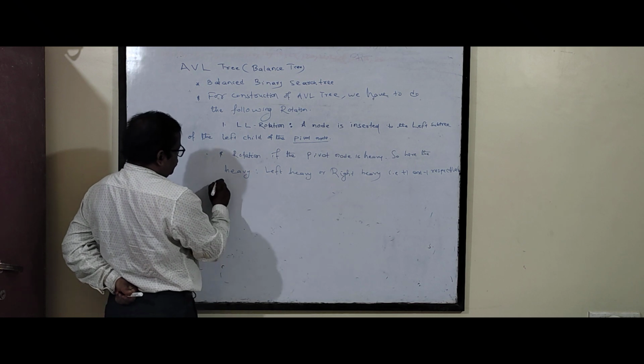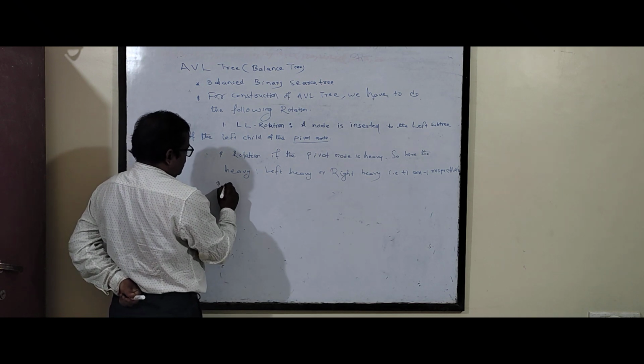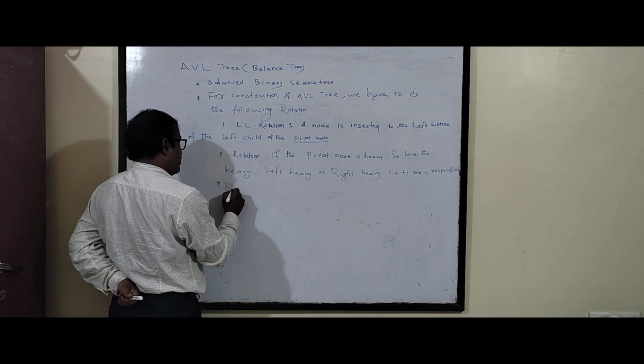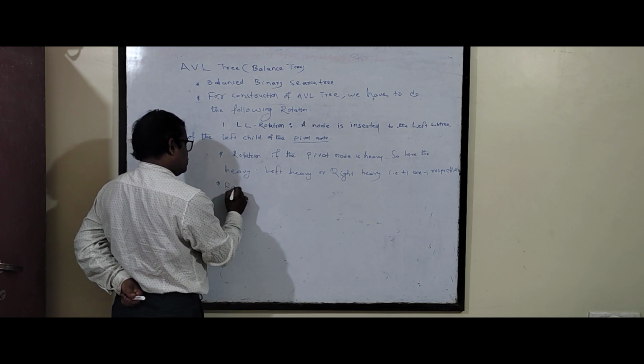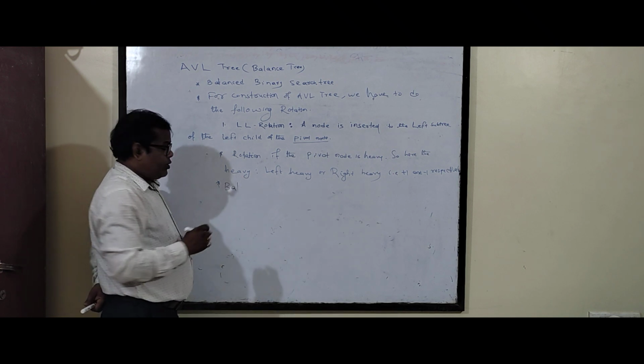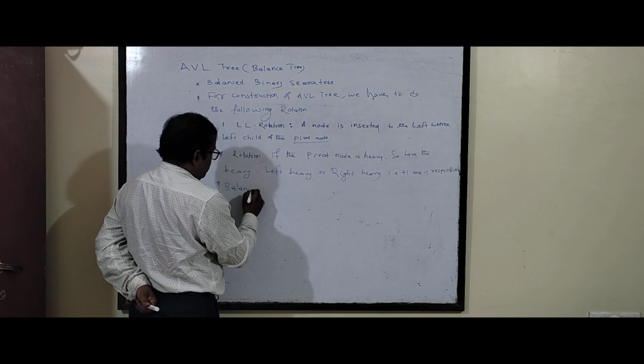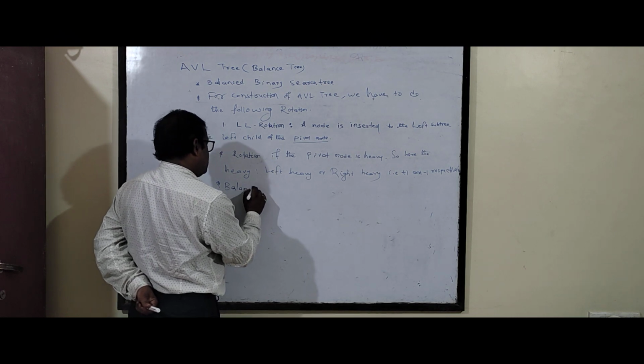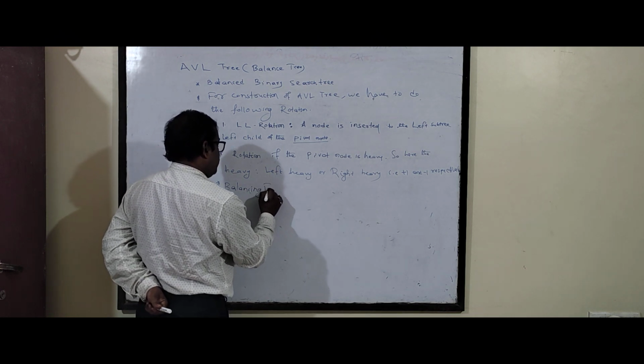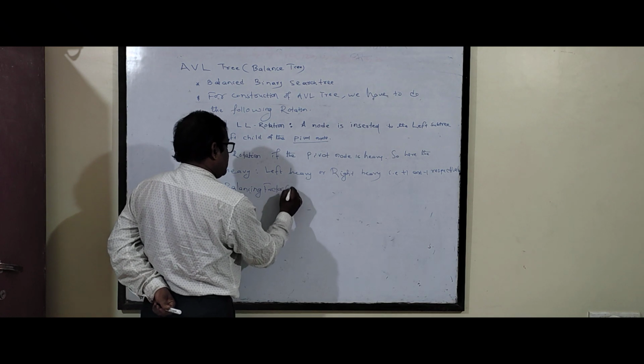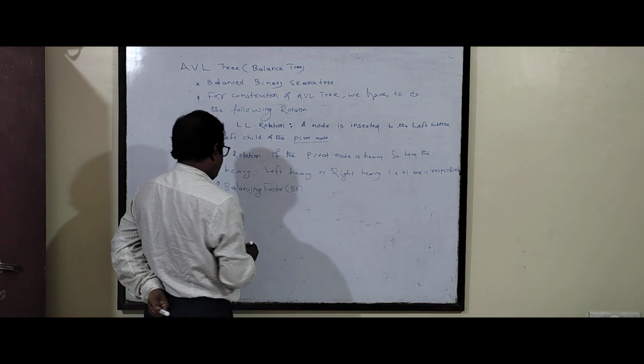One more thing we should know for construction of the AVL tree is the balancing factor. What is that balancing factor? In short, we can say BF.